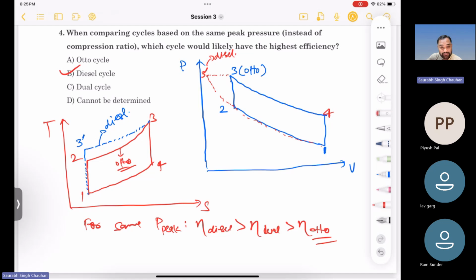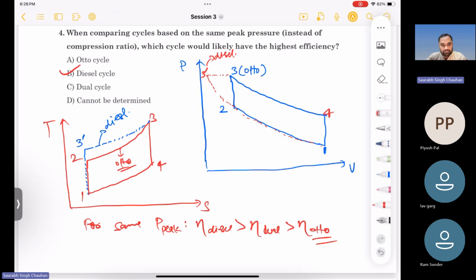If you want to compare a diesel engine and a petrol engine, they will definitely have different compression ratios, because diesel engines are designed to work at a higher compression ratio so that their fuel can be ignited easily. The Otto cycle is basically for petrol or gasoline engines, which are designed for a relatively lower compression ratio because those engines use a spark plug.